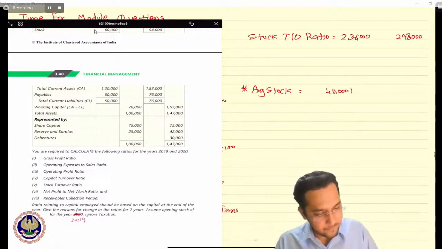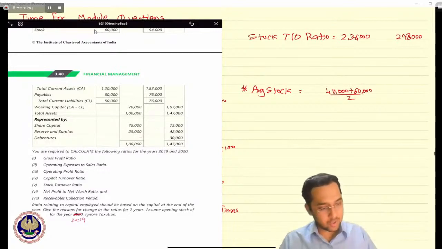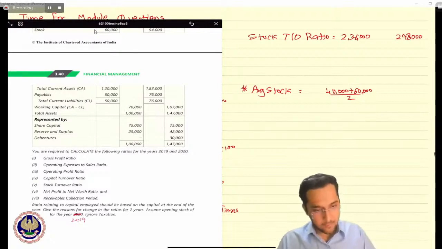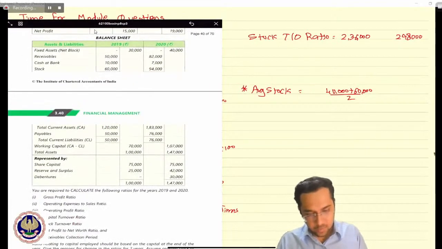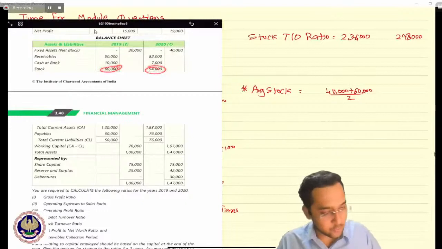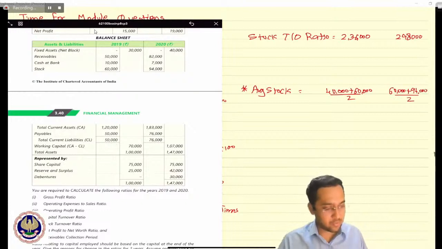I can get an average stock as 40,000 plus 60,000, opening plus closing, divided by 2. On the other side, for the next year it is opening and closing, which will be 60,000 plus 94,000 divided by 2.